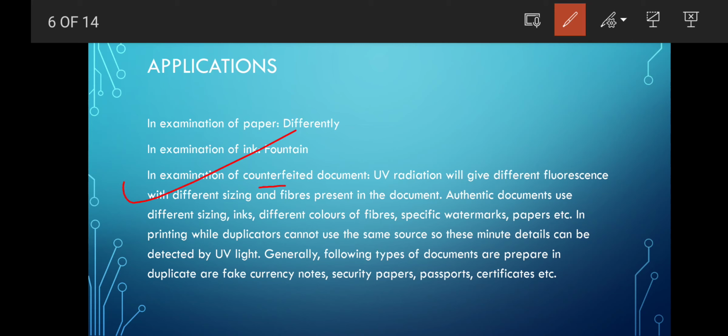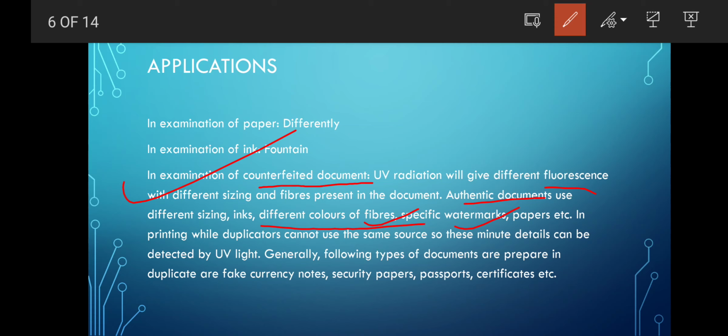So they identify the counterfeit documents or counterfeit currencies, like they determine the fluorescence. I will make a separate video on the currency, on the features that make it a real currency. Then authenticating documents, like sizing, ink, which type of fibers, watermarks, all this we can discuss in a special video lecture based on documents.